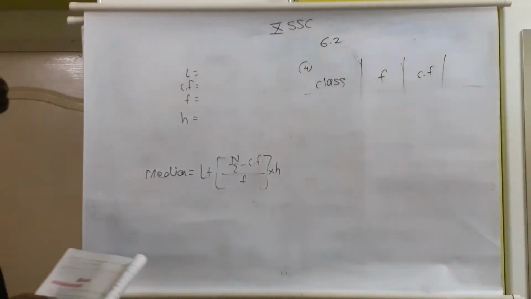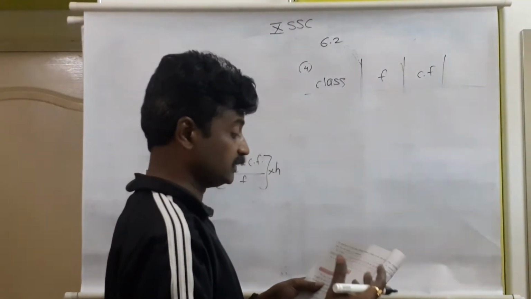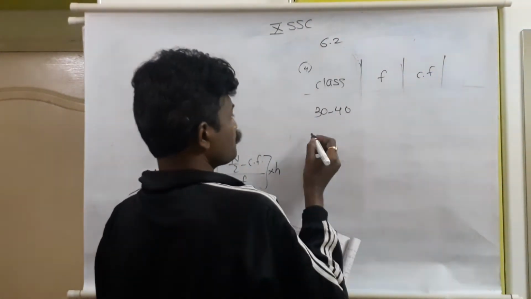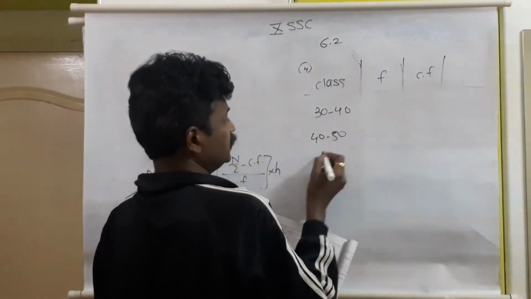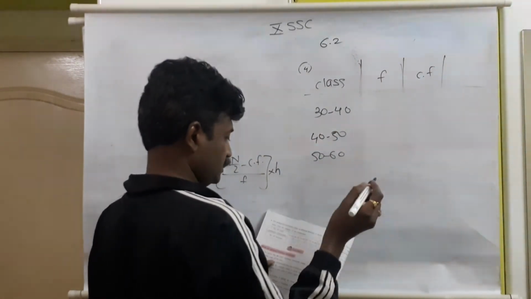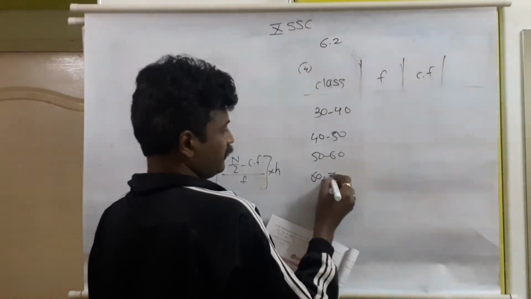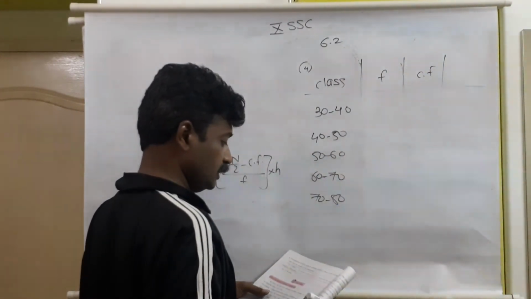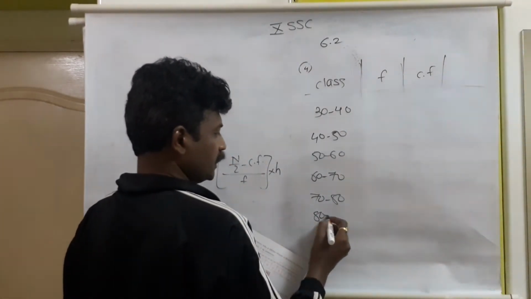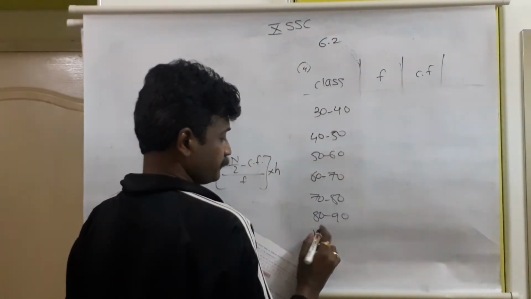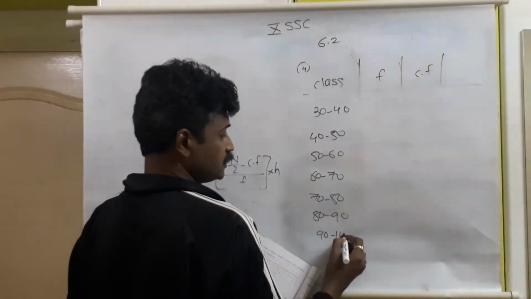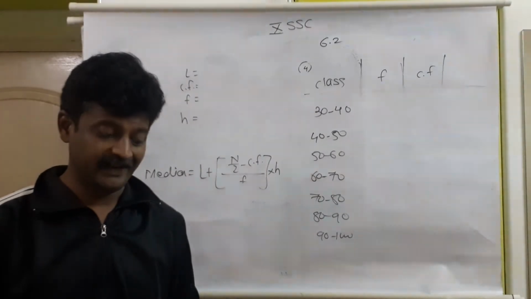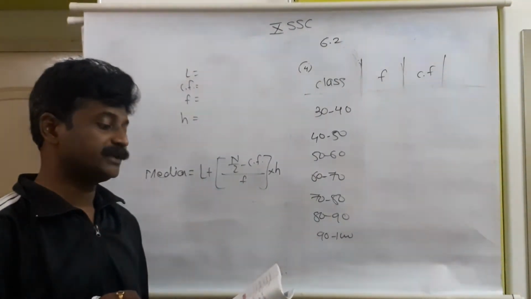So the classes are number of bulbs produced in thousands: 30 to 40,000, 40 to 50,000, 50,000 to 60,000, 60 to 70,000, 70 to 80,000, 80 to 90,000, and 90 to 100,000 bulbs production in factories.